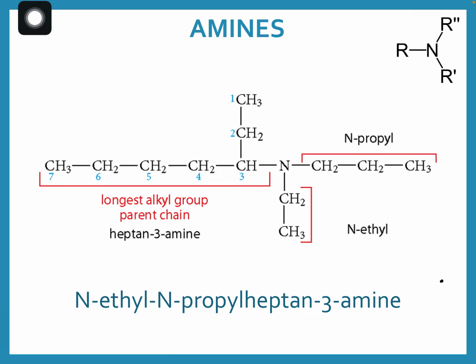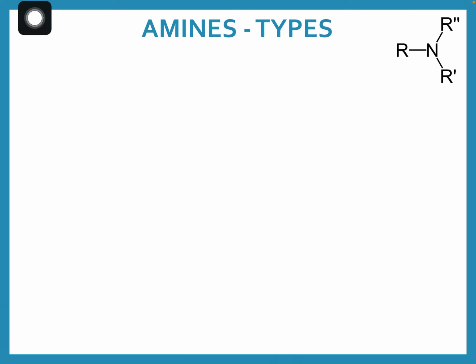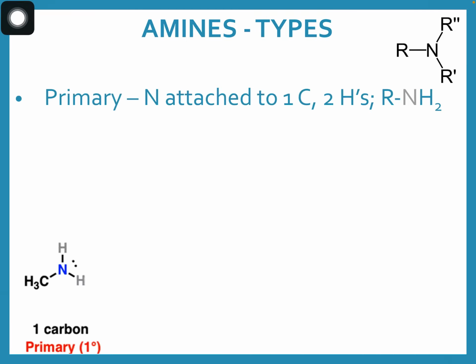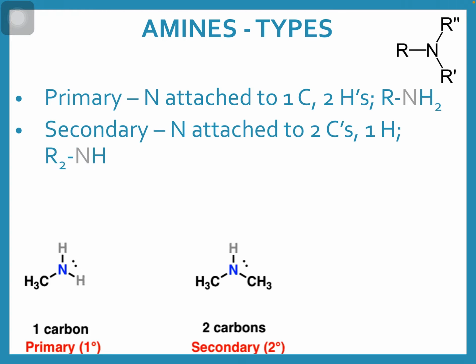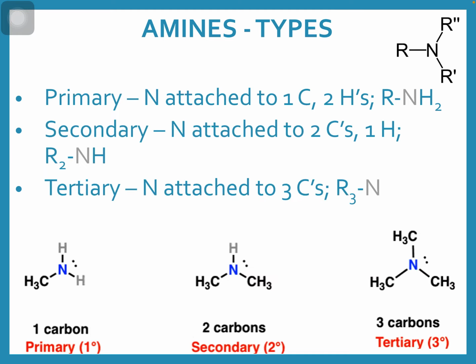So similar to alcohols, we have primary, secondary, and tertiary amines. So a primary amine is when the nitrogen is attached to 1 carbon and then 2 hydrogens. A secondary amine is attached to 2 carbons and 1 hydrogen, and a tertiary amine is attached to 3 carbons and no hydrogens.